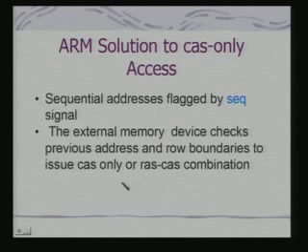Because all sequential addresses cannot be satisfied by simply CAS only, as I may go from one row to another row. So, the memory controller will decide whether to generate only CAS or to generate both RAS and CAS.